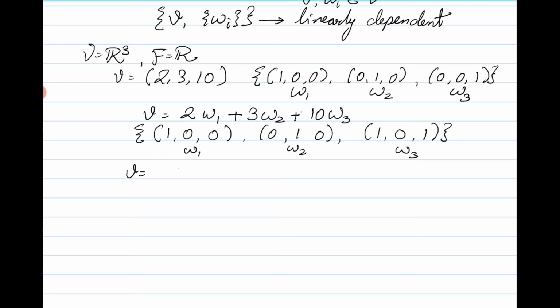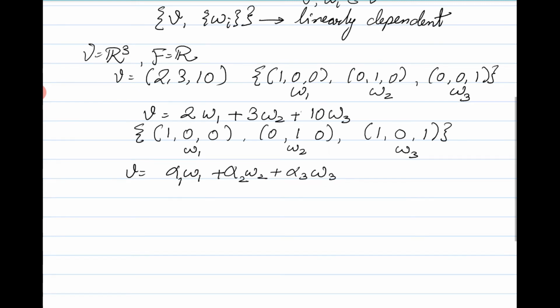So I can express V as alpha 1 W1 plus alpha 2 W2 plus alpha 3 W3. Can you find out what this alpha 1, alpha 2, alpha 3 are? Please try to solve this.